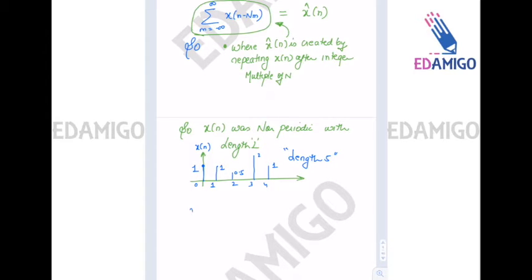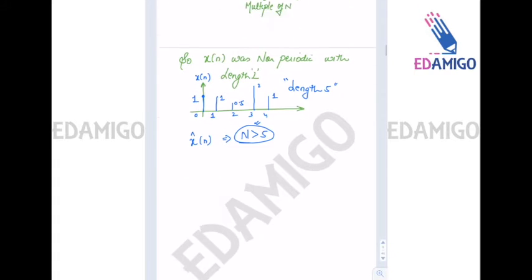Now what is x cap n? X cap n is formed by repeating x[n] after every integer multiple of capital N intervals. Capital N has to be greater than 5, otherwise the shifted versions of x[n] and x[n] will overlap each other and the signal will be distorted.